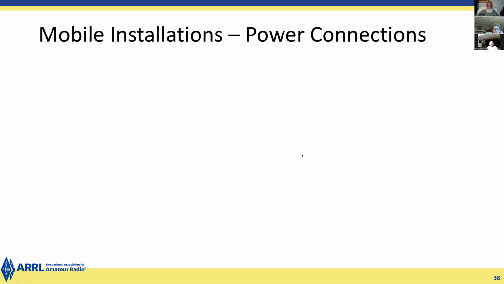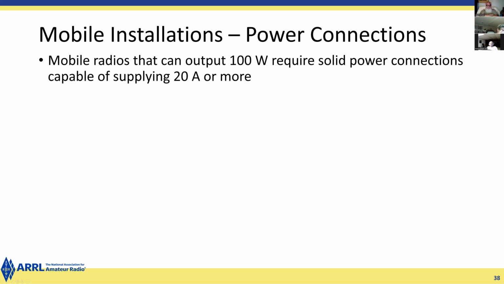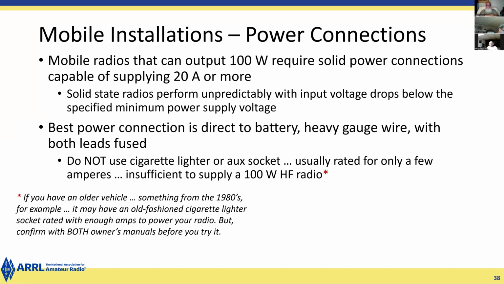Mobile installations, power connections. Yeah, there we go. Okay, so I'll repeat what I said before: you want heavy gauge wire to both the positive and negative terminals of the battery.